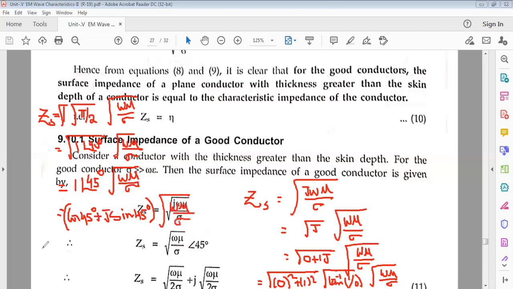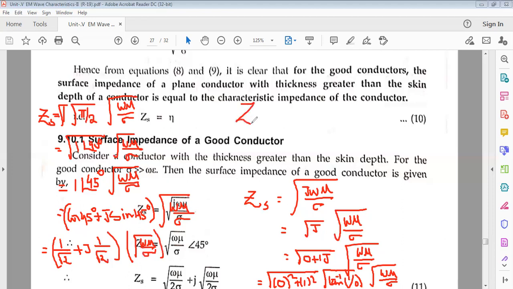So what is cos 45? Cos 45 is 1 by root 2, plus j into 1 by root 2, and the whole is multiplied with the under root of omega mu by sigma.